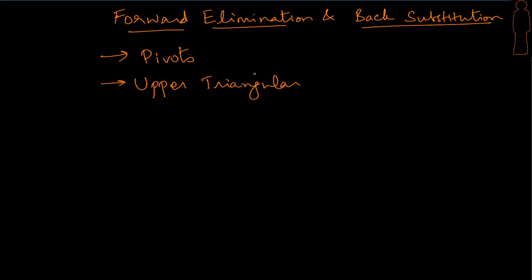The interesting part is that the pivots appear on the main diagonal of the upper triangular matrix. After that, we use back substitution and find the solution for that linear system.